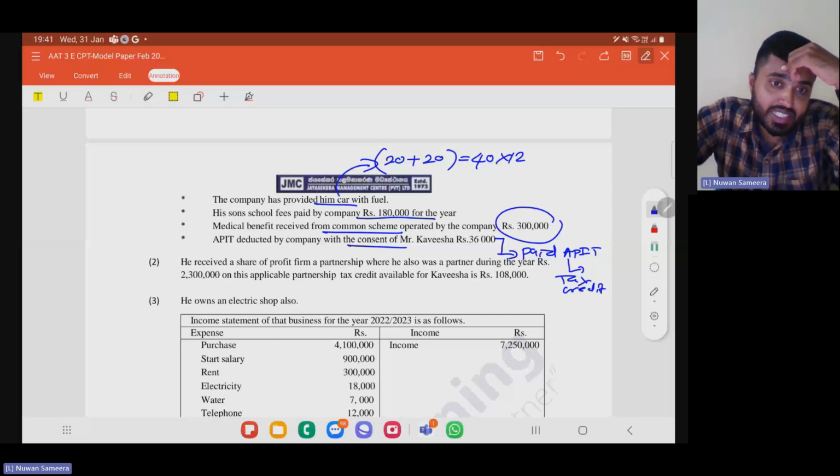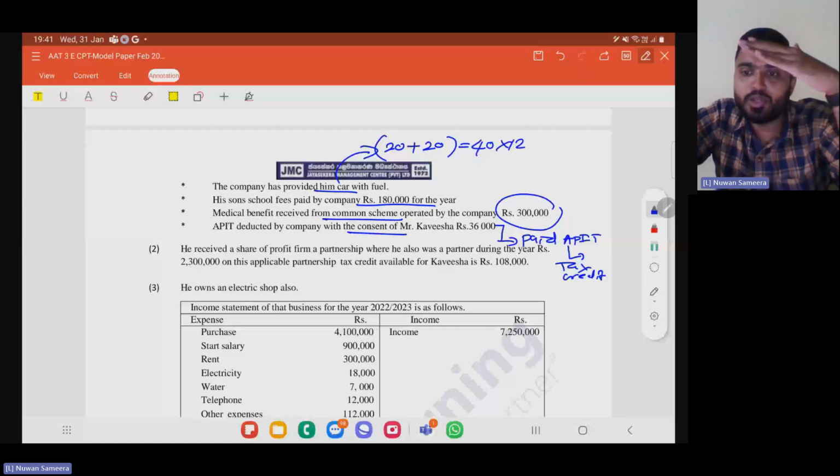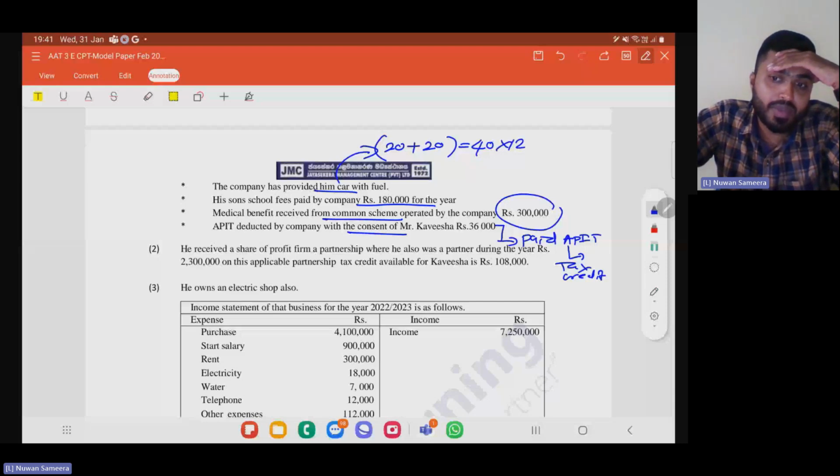Then he received a share of profit of 2.3 million from a partnership in which he was also a partner during the year. The applicable partnership tax credit available for Kavish is 108. Because the partnership needs to pay tax separately, the paid partnership tax should be distributed among the partners based on some mechanism.